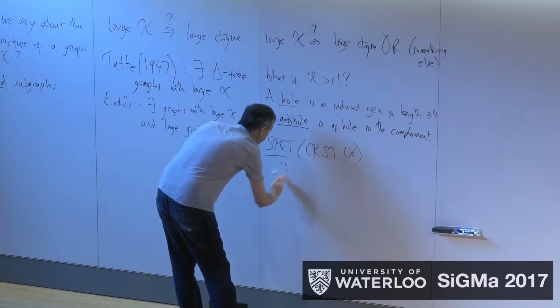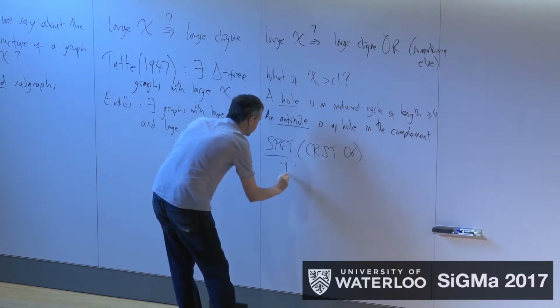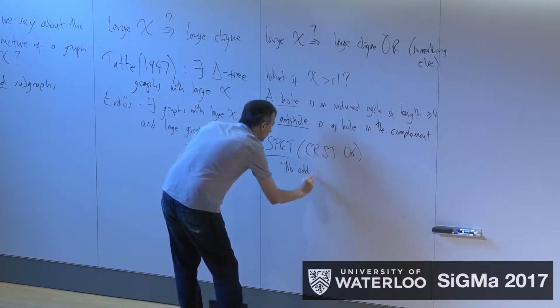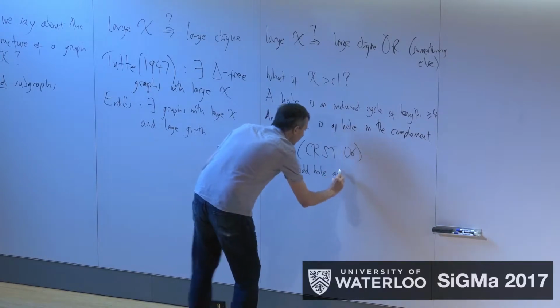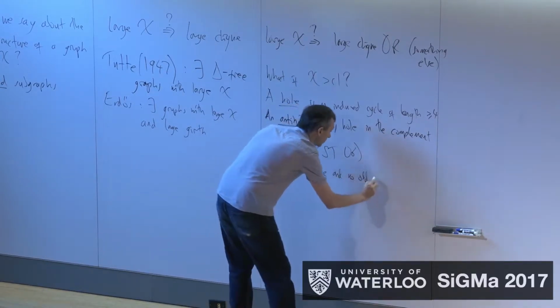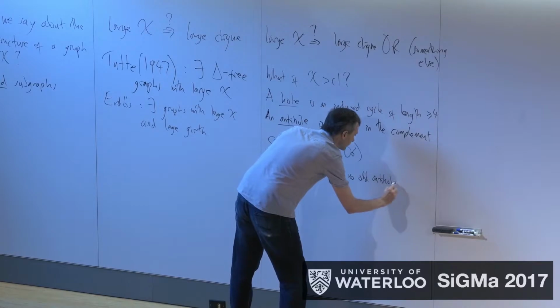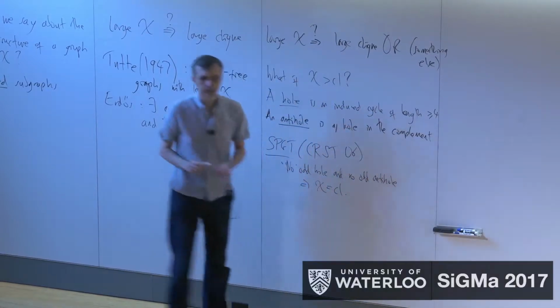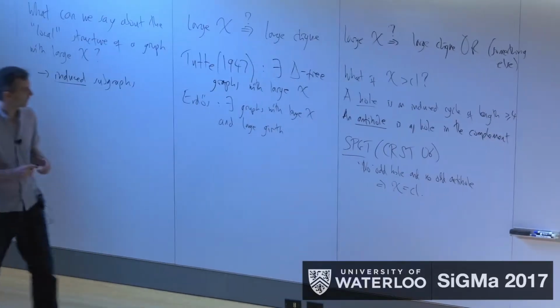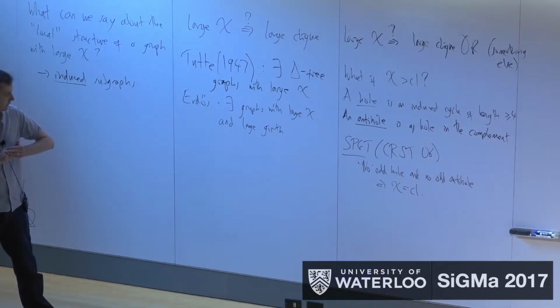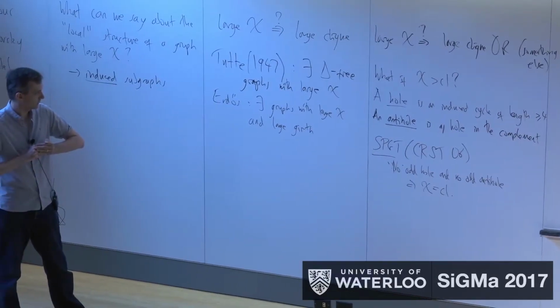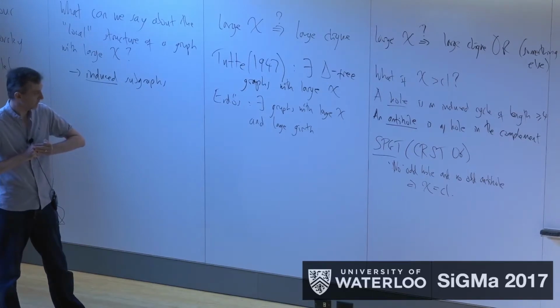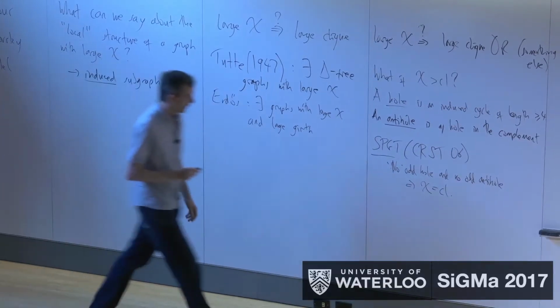So: no odd hole and no odd antihole implies chromatic number is equal to clique number. That's a very famous, important result, a beautiful one.